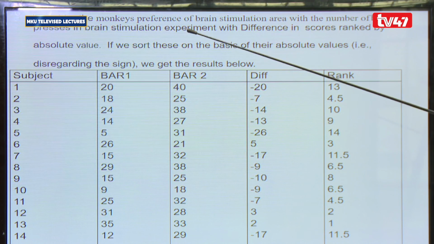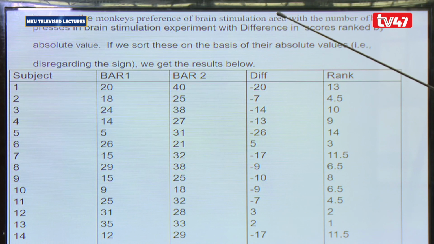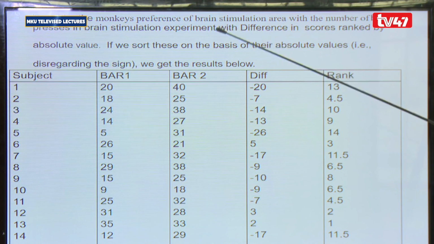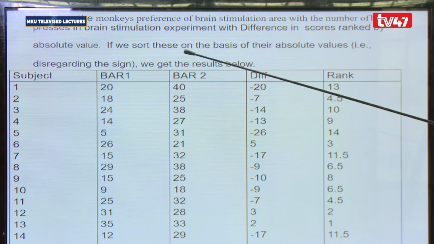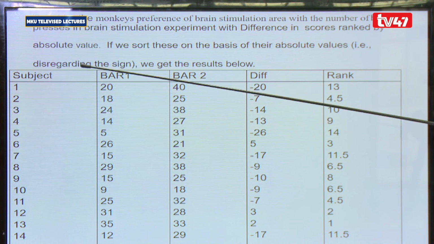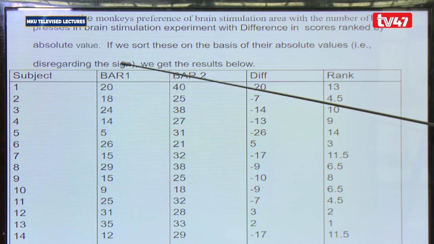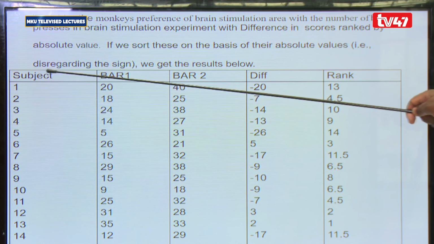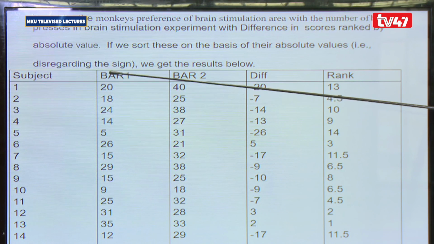We consider the monkey preference of brain stimulation area with the number of bar presses in the brain stimulation experiment, with the differences in scores ranked by absolute value. We require to sort this on the basis of their absolute values. So we have the subject monkeys, and the number of times within those 15 minutes that monkey number 1 pressed bar 1 20 times and bar 2 40 times.